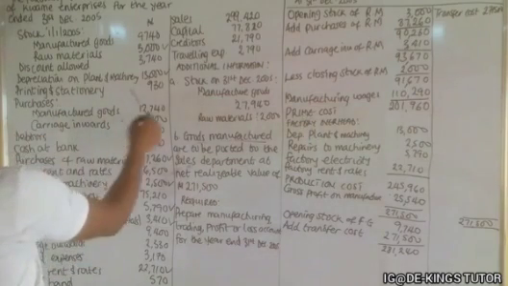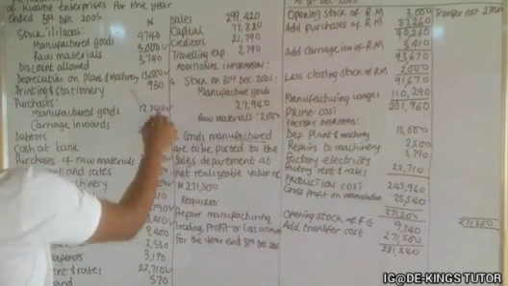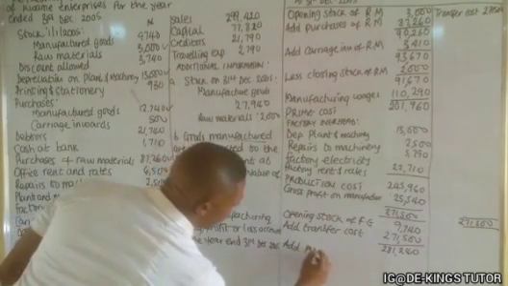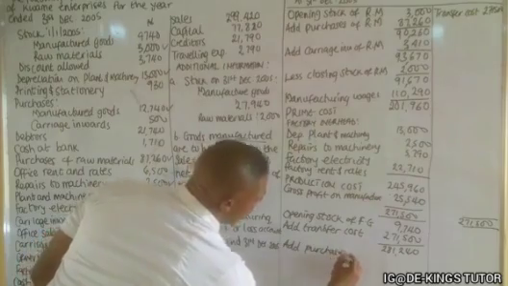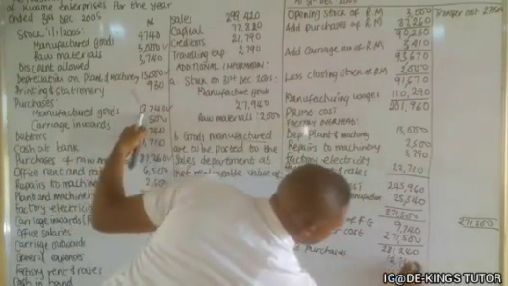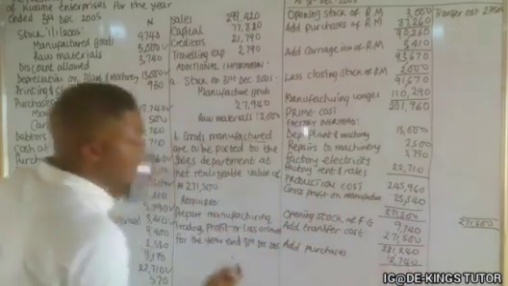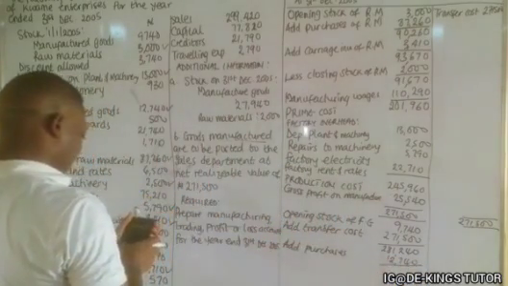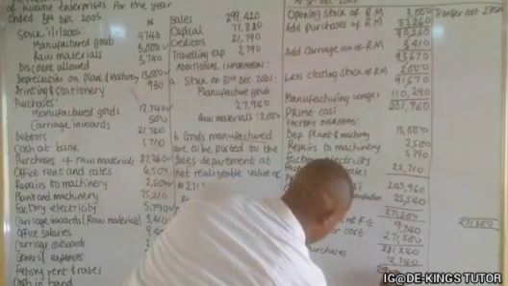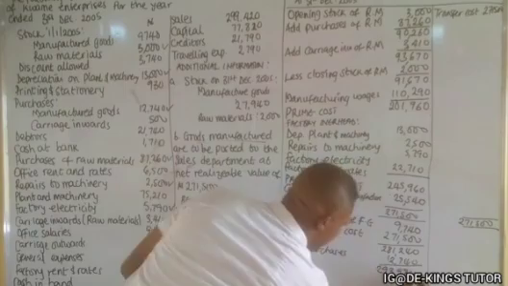So let's check if there's also purchase of finished goods. Okay, there's purchase here for finished goods, manufactured goods. So we'll say also add purchases of finished goods, 12,740. So we have plus 12,740. We have 293,980.